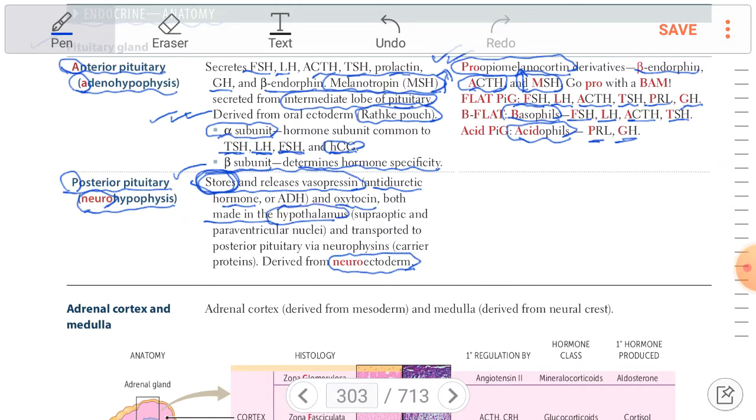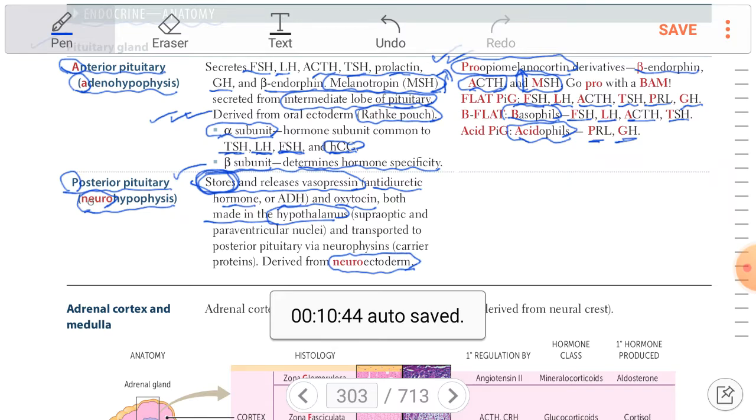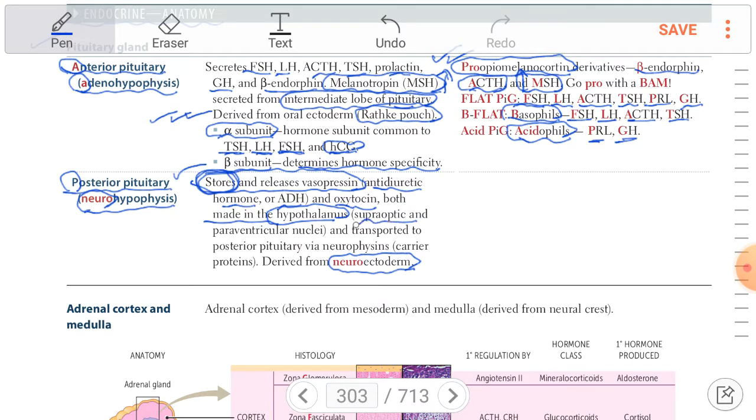So the factory itself is the hypothalamus, but the store is the posterior pituitary. The supraoptic and paraventricular nuclei are the factory for both of them, and they will be transported into the posterior pituitary by what? By neurophysins, which are the carrier proteins.